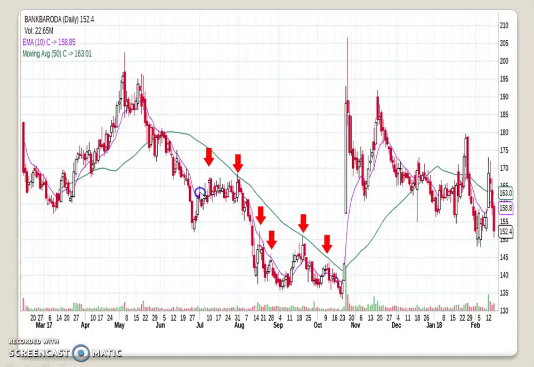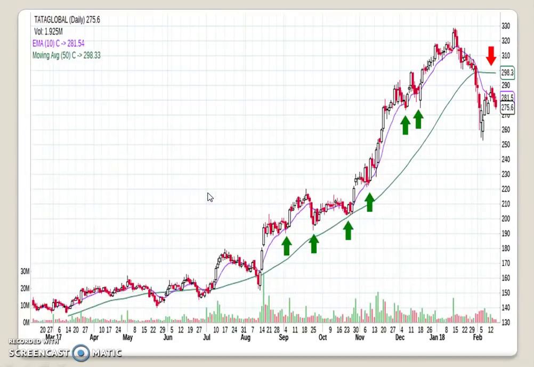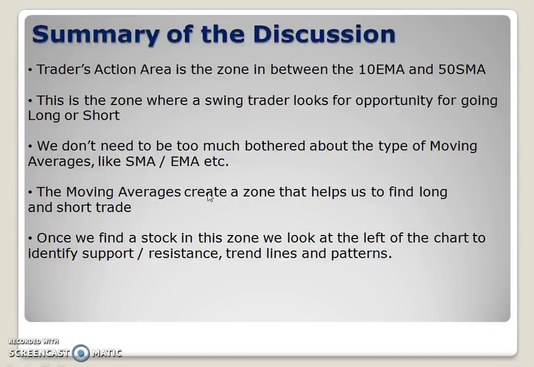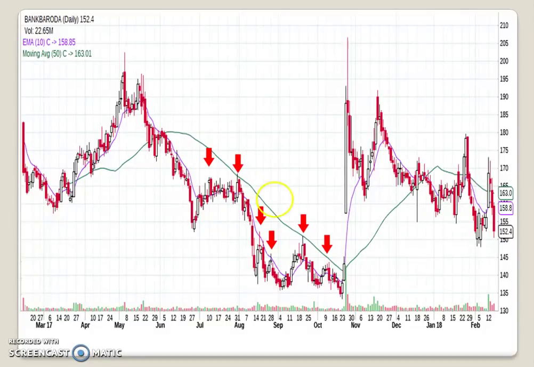This zone is basically my area between the 50 period moving average and the 10 period exponential moving average. I have seen price action in such a way that price has moved down or reversed back to the downside from this zone. So a lot of opportunities have come until this trend has moved.